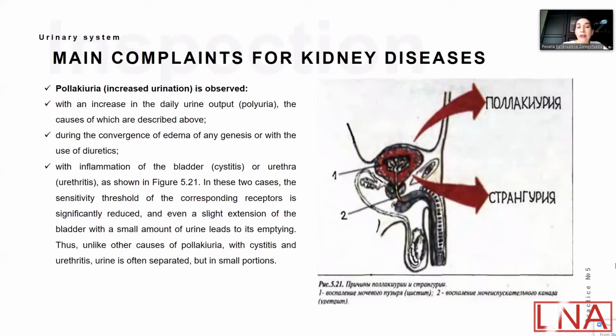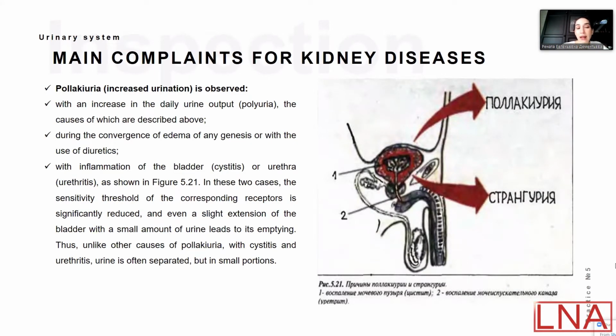In the last two cases, the sensitivity threshold of the corresponding receptors is significantly reduced, and even a slight extension of the wall of the bladder with a small amount of urine, which is a preceding sign, leads to a reaction resulting in its emptying.